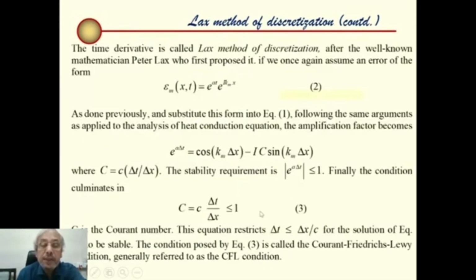So equation 3 is called the Courant, Friedrichs and Levy condition. In my introductory lecture, I mentioned these three scientists and their enormous contribution to partial differential equations. This condition is called the CFL condition, that the Courant number is less than or equal to 1.